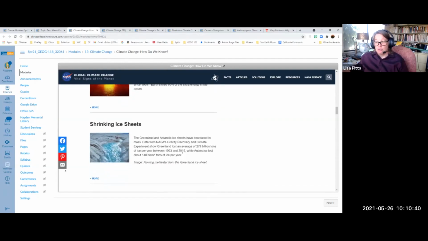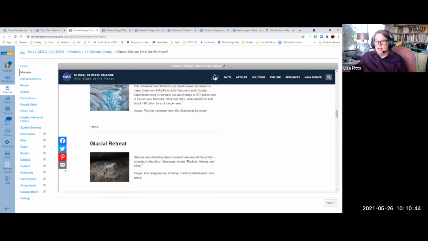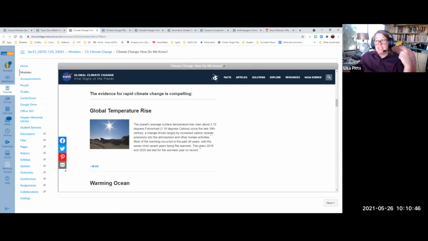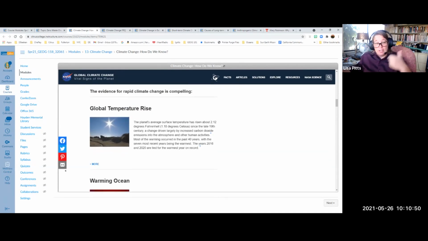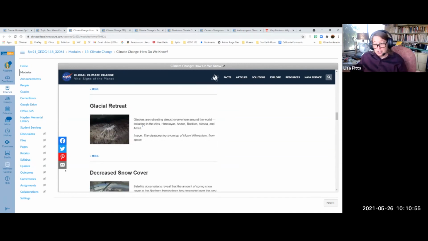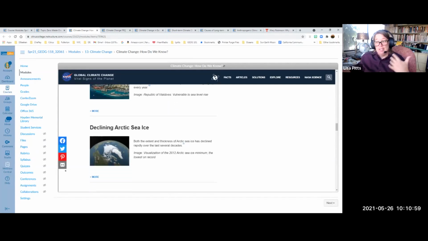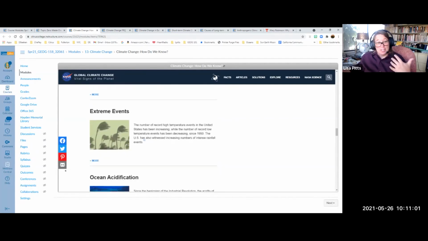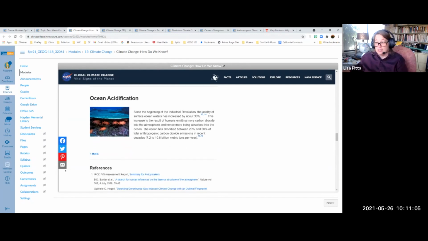There's more in here if you want to read about shrinking ice sheets, but understand that some of the indicators of rapid climate change are a global temperature rise, a warming ocean, shrinking ice sheets, retreating glaciers, a decrease in the amount of snow on the planet, the rise in sea level, the decline in sea ice, extreme events, which we talked about last week, and the ocean turning to acid, which is a logical fallacy, but it still is.